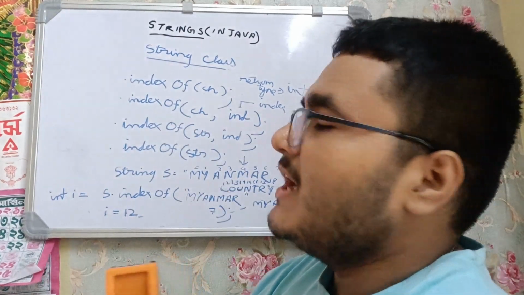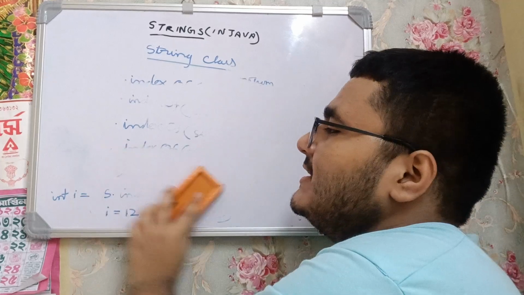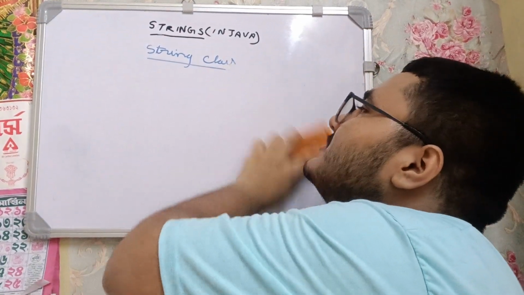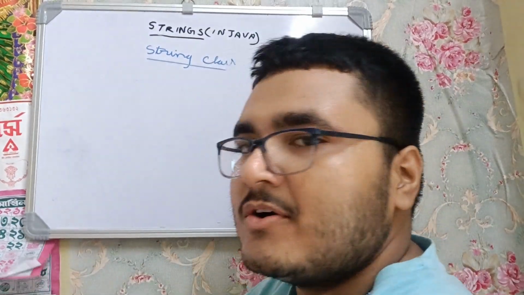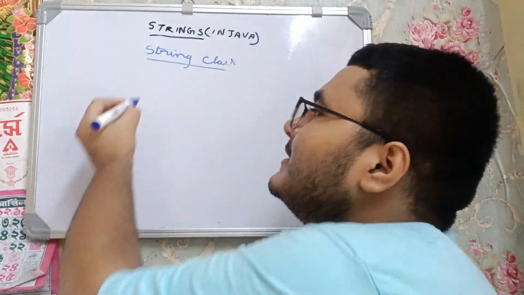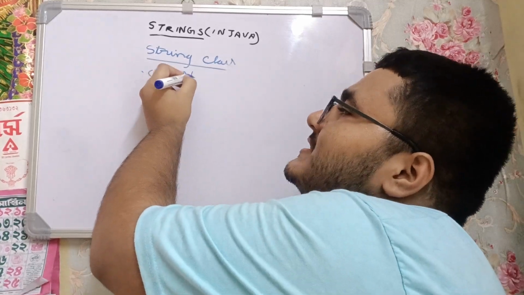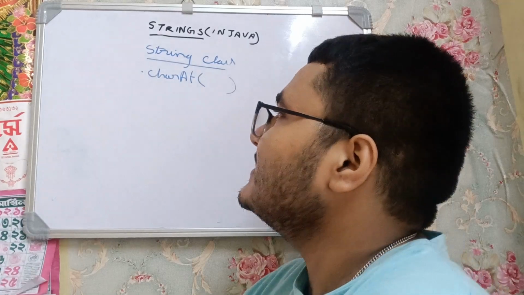Now another function we have is charAt. These are just the basic concepts, and in the upcoming lectures we'll be considering some programs related to strings. See, the names are also easy; from the names you can tell what the thing is.